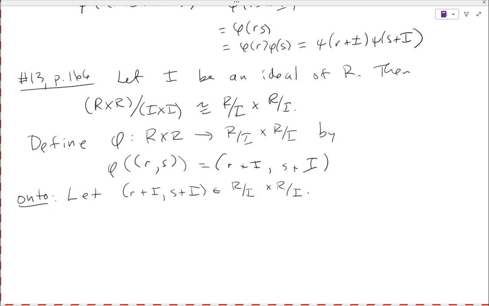R comma S. Yep. Then R comma S is in R cross R, and phi of R comma S equals R plus I comma S plus I. That was easy. It was onto by construction, basically. Again, try the most obvious thing and see if it works. Don't try to be fancy. Try the most obvious thing. All right, operation preserving.